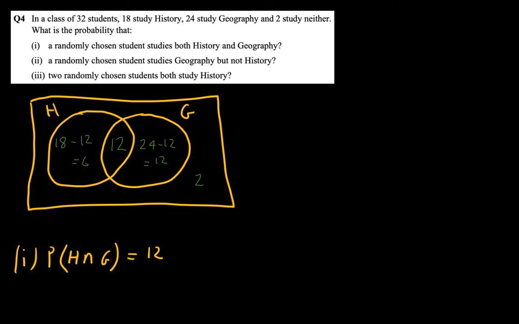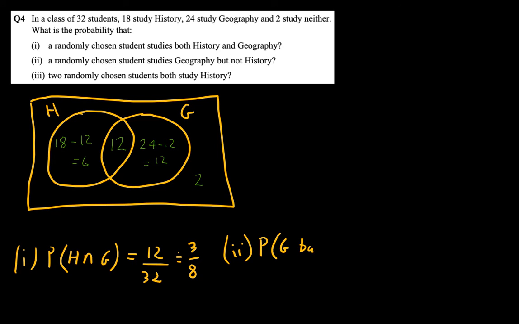Okay, a randomly chosen student studies geography but not history. So geography but not history. So if you remember those regions, that is just going to be this region. Geography but not history, just this region here.